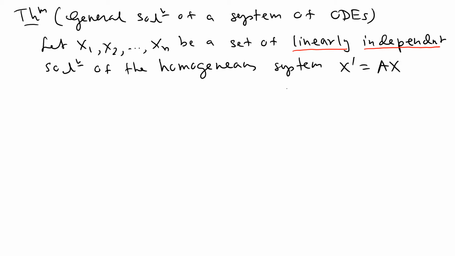So we're going to find n linearly independent solutions of the homogeneous system on an interval I.